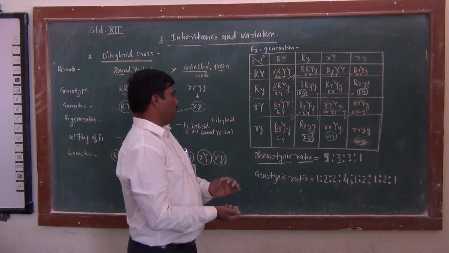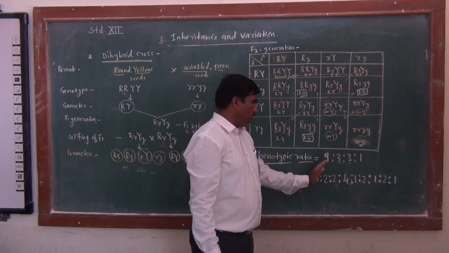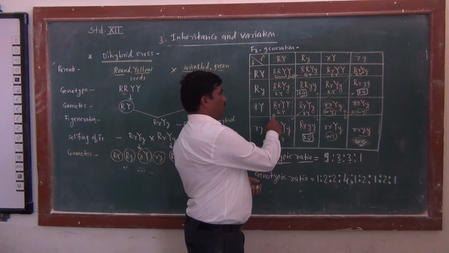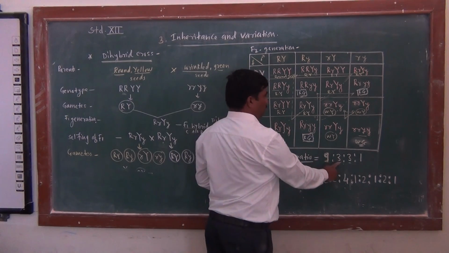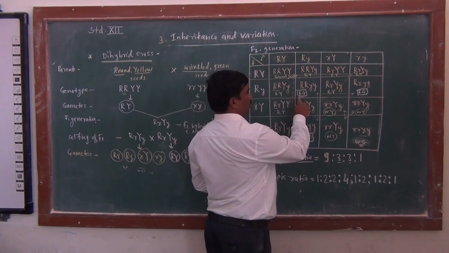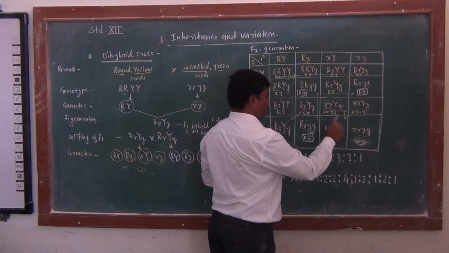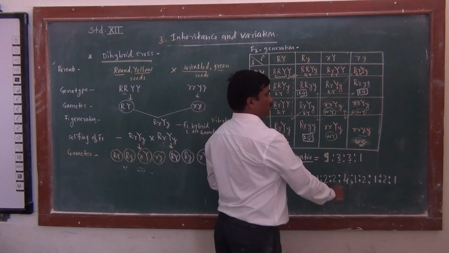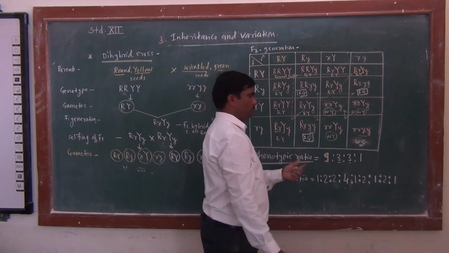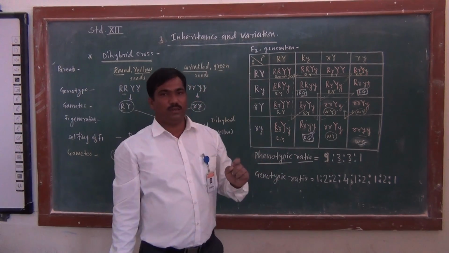So the phenotypic ratio, you write this phenotypic ratio. 9 individuals have a rounded seed with a yellow color. 3 individuals have a rounded seed with a green color. 3 individuals have a wrinkled seed with yellow color, and only one individual has a wrinkled seed with a green color.